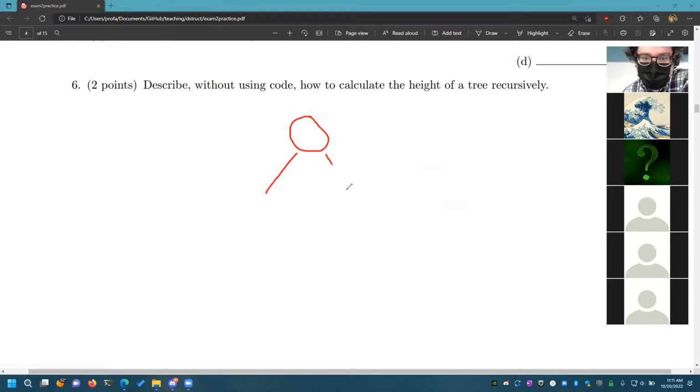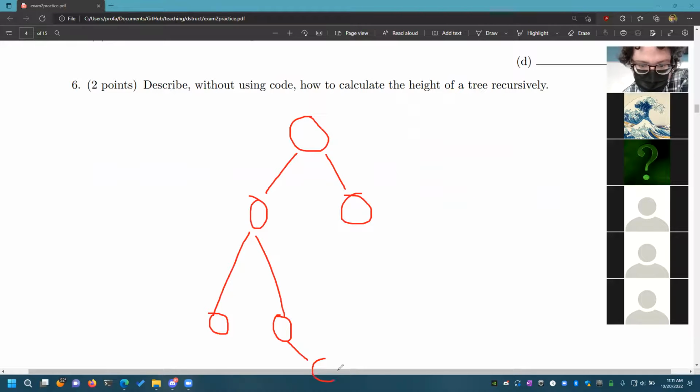Let me draw a tree here. Okay, what is the height of that tree that I just drew? Yes, 4. Okay, any other answers? Yep, another answer is 3.